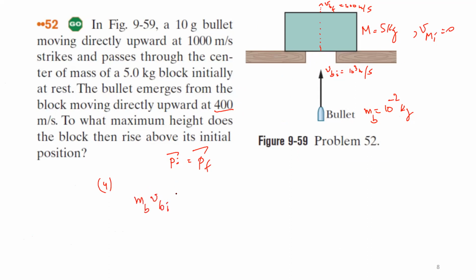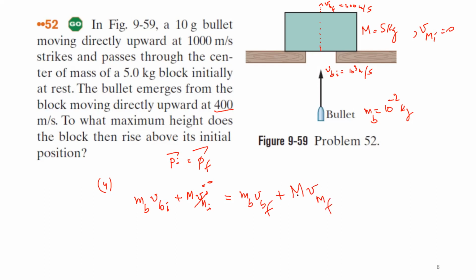I know both of them. Plus the mass of the block multiplied by the initial velocity of the block, which is 0. Okay. This is equal to the mass of the bullet times VB final plus the mass of the block times the final velocity of the block.